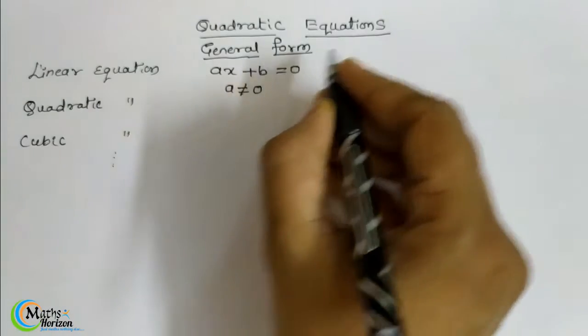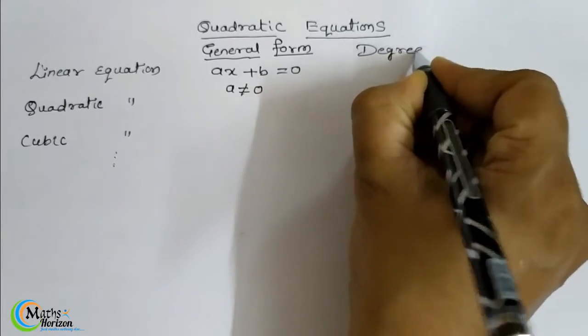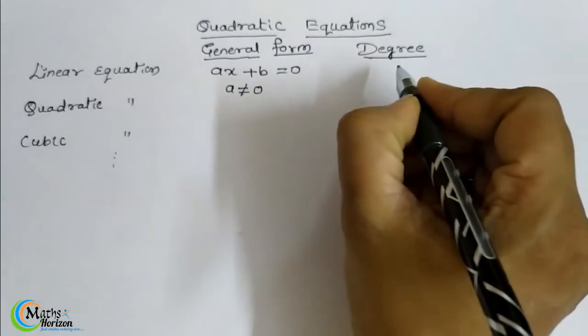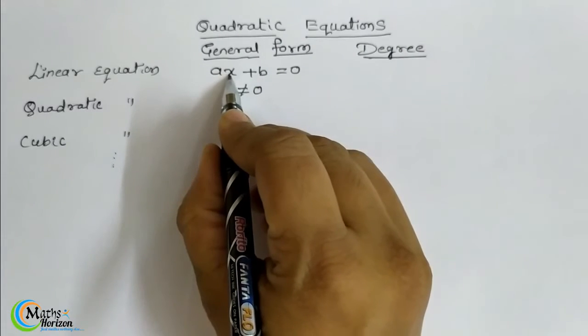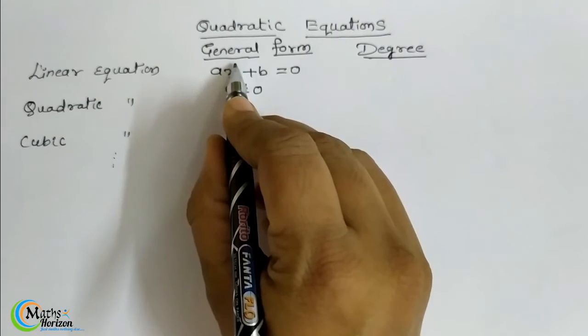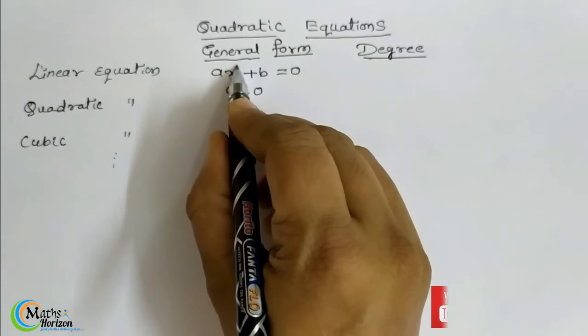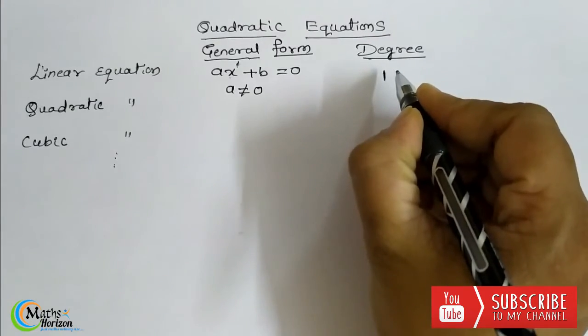Now let's see the degree of these equations. A linear equation has a variable x and the highest power of this variable is 1. That means the degree of this equation is 1.